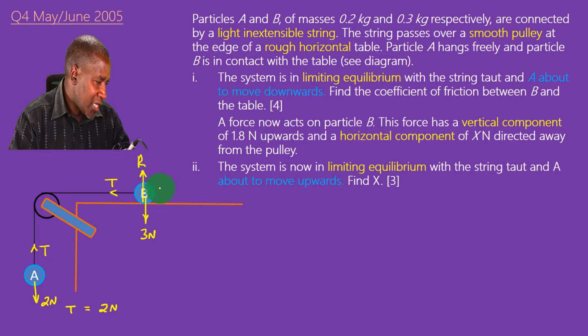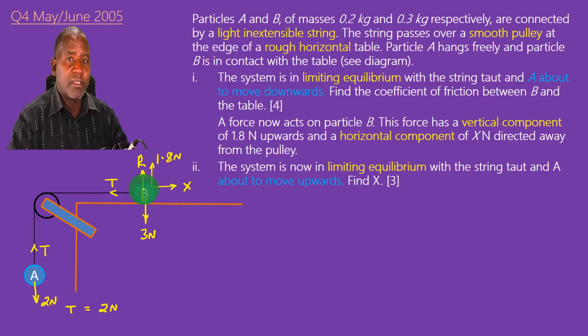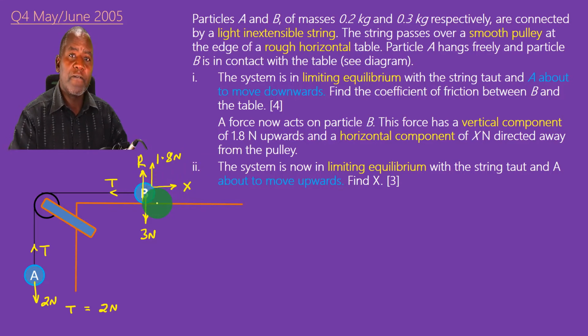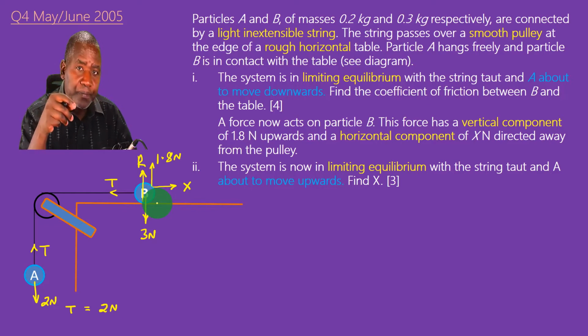But a force has been exerted on B in such a way that the vertical component of this force is 1.8 newtons and its horizontal component is X. That means the force has been exerted this way to have these two components, which are of course at 90 degrees with each other.